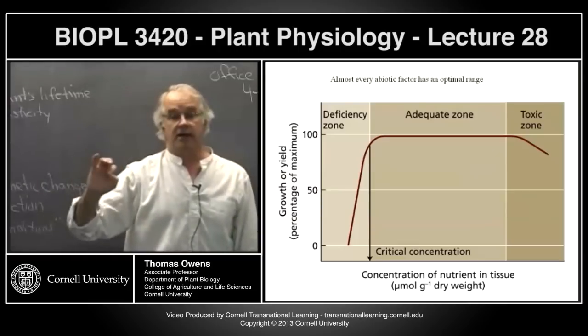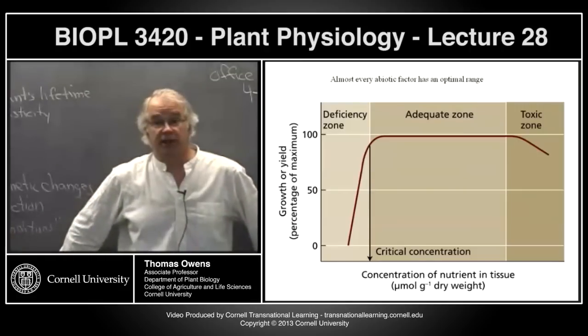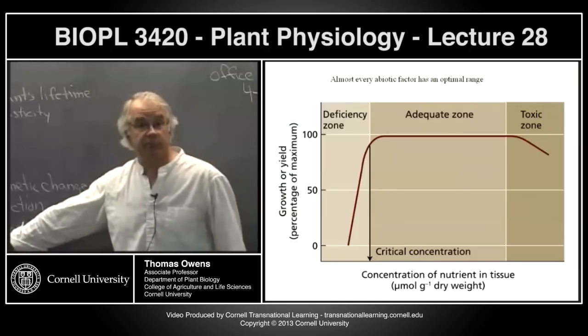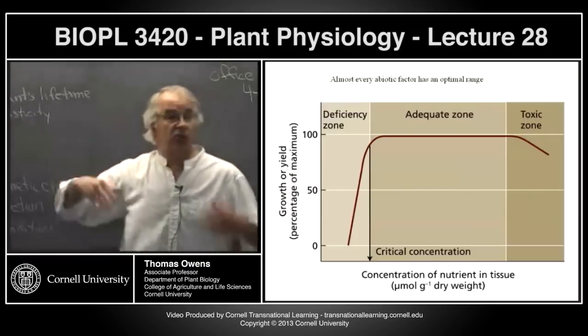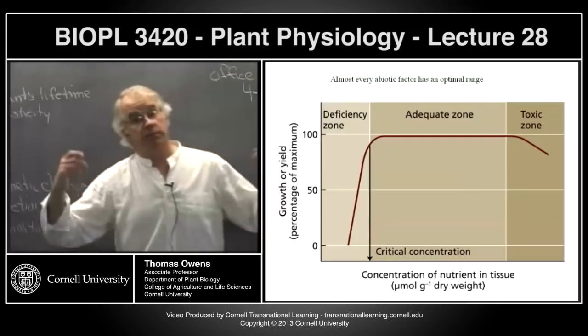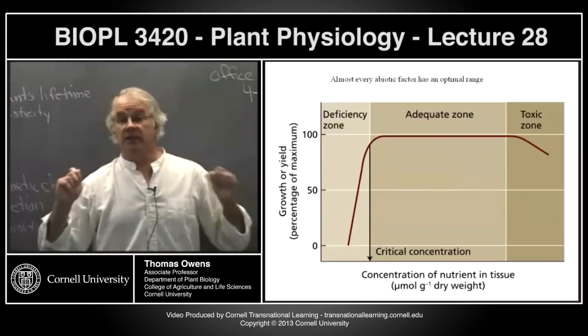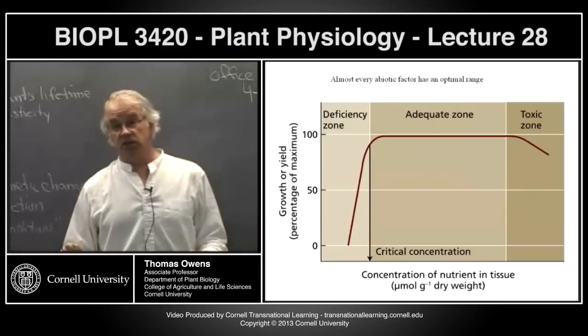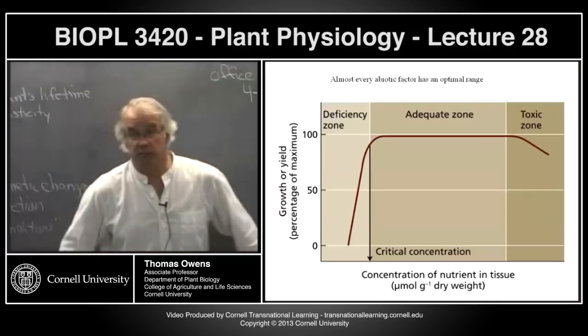Don't lose track of the fact that those two both represent evolutionary adaptations. This is an adaptation to average conditions. This is an adaptation that recognizes the plant will normally be growing in a range of conditions, and that if it didn't change its physiology over that range of conditions, the plant wouldn't be as competitive.